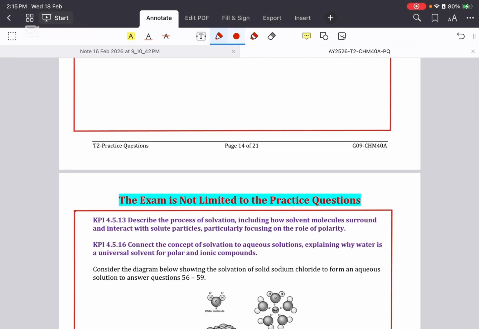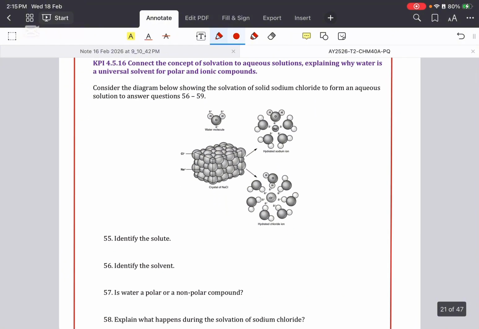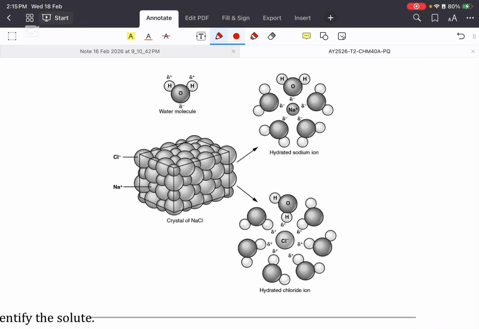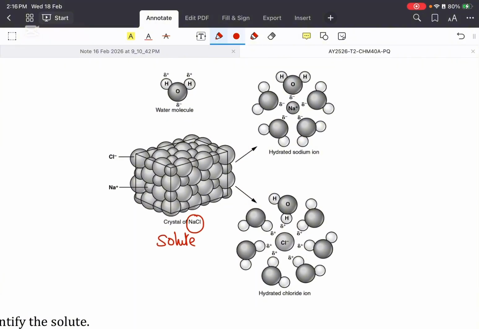Next, consider the diagram below showing the solvation of solid sodium chloride to form an aqueous solution. Look at this crystal lattice. I have sodium chloride as a solute surrounded by water molecules as a solvent.